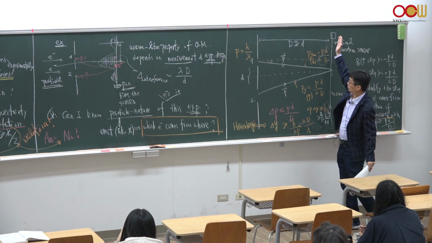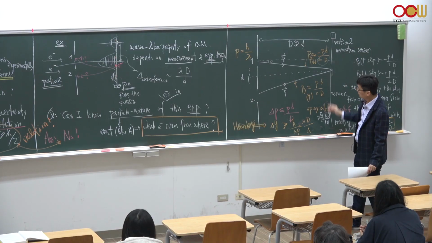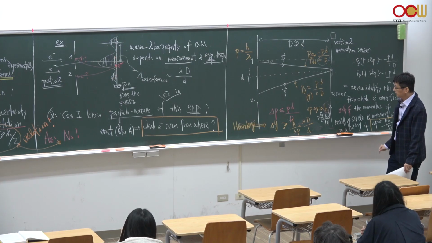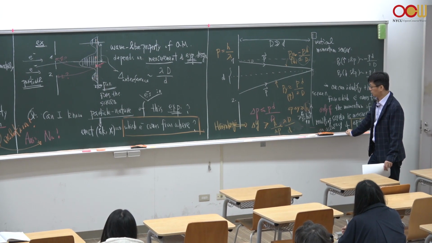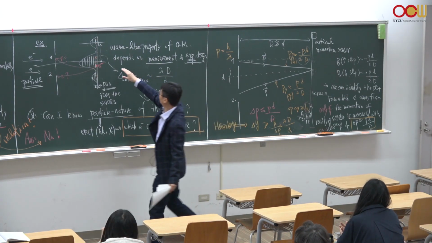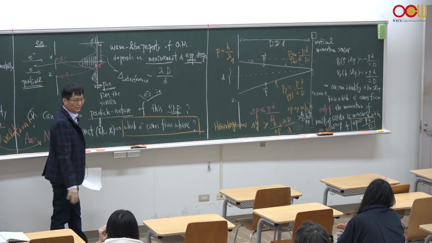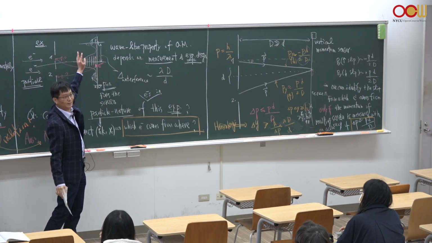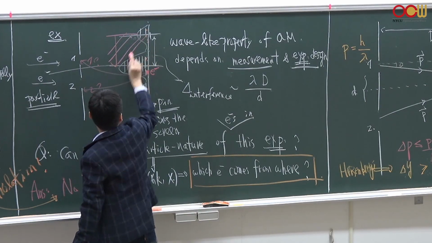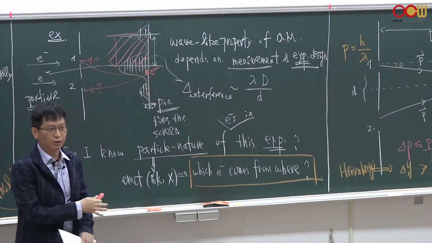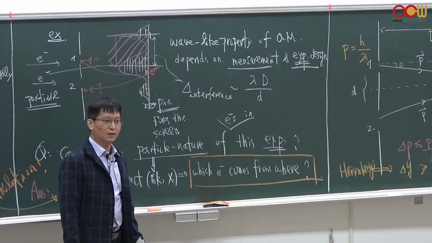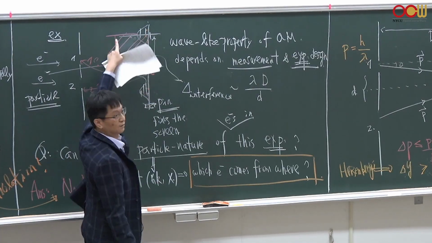If this screen is allowed to move vertically, this will lead to an uncertainty or error bar in determining the position of these electrons on the screen, and this error bar delta y is greater than that distance, which means that you cannot tell anything in between these two maximums. It's totally a blur. You destroy your interference because you cannot resolve this distance.